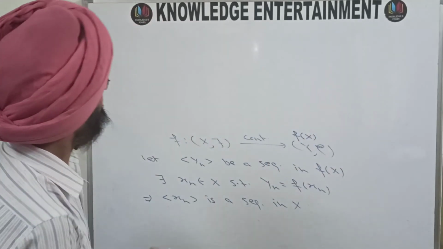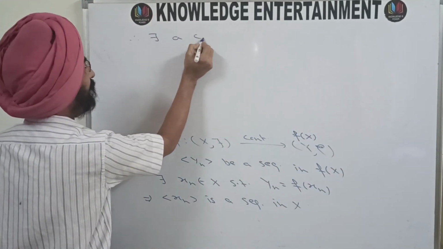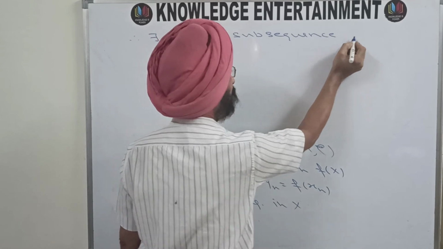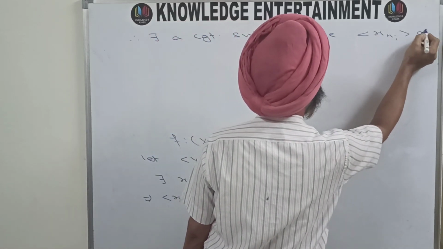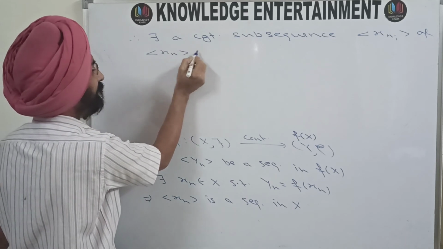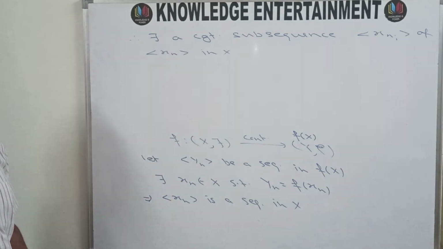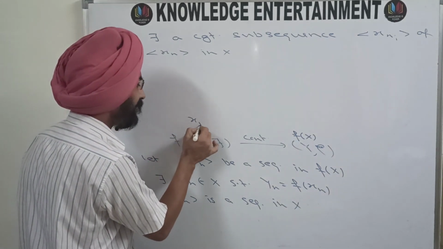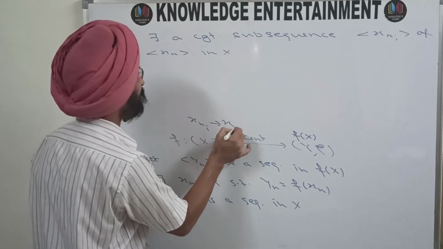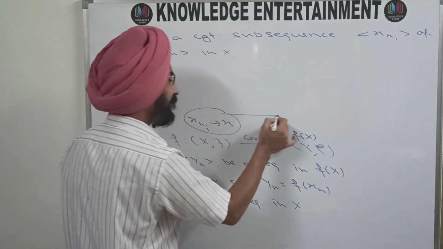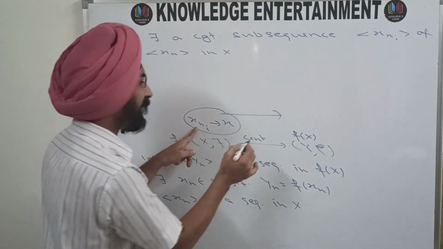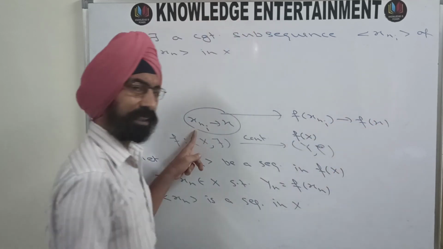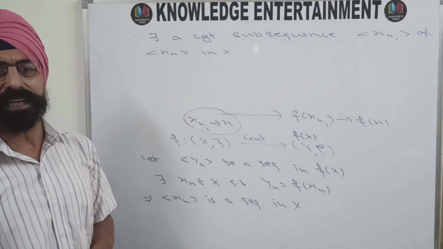Therefore there exists a convergent subsequence xni of xn in X. And since the function f is continuous, if the sequence xni converges to some point x, then by taking images the sequence f(xni) will converge to f(x), and this f(xni) is nothing but yni.